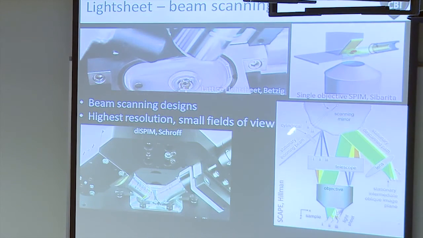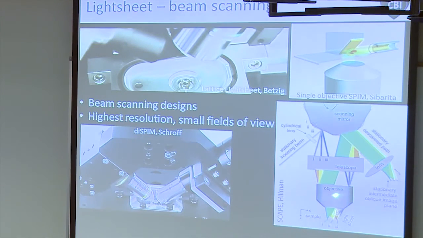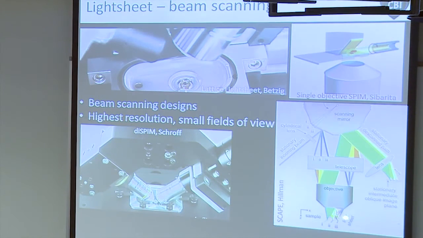Down here we have the SCAPE design out of the Hillman group at Columbia. In this situation, they're still using a cylindrical lens to form a light sheet, but that projects into the objective just onto one side of the back focal plane so that it gets focused into your sample, and they can actually tilt this light sheet so that it slides through your sample right here.